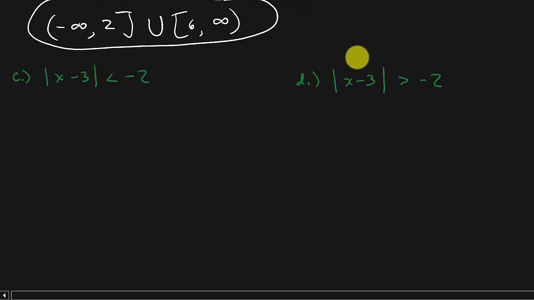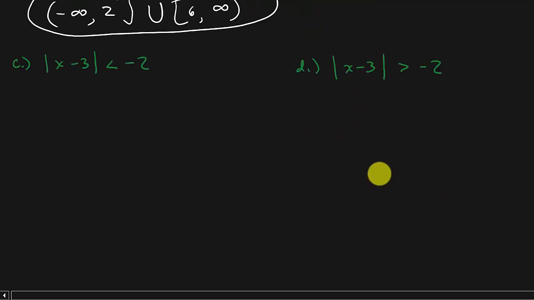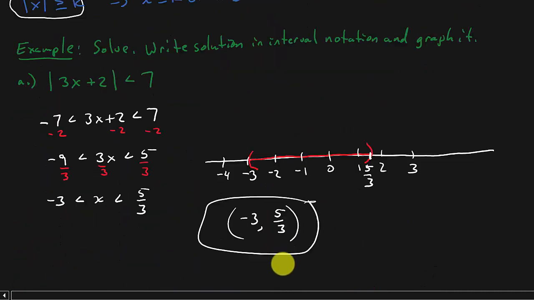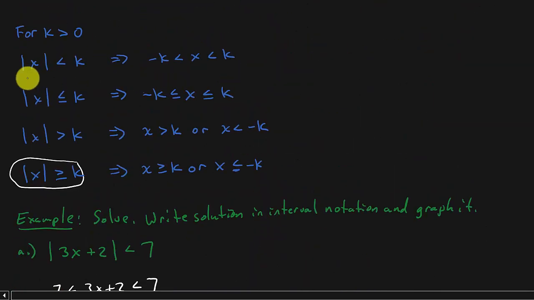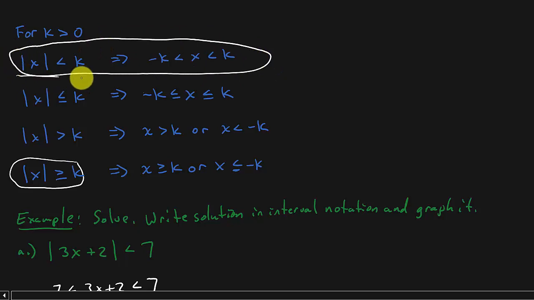All right, now let's look at these. So if we look at this one, we've got absolute value of x minus 3 is less than negative 2. All right, so which one is that one? Well, a lot of times students say it's that one, but it's not.